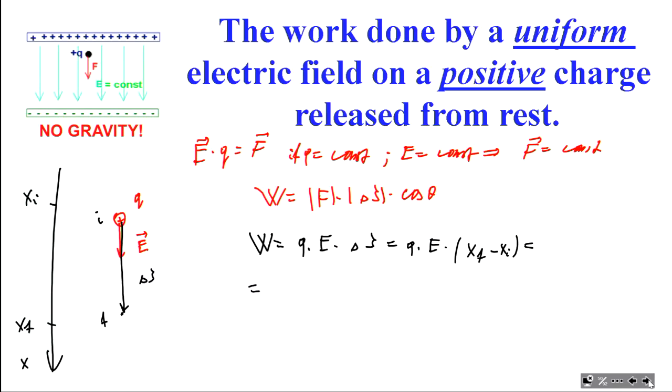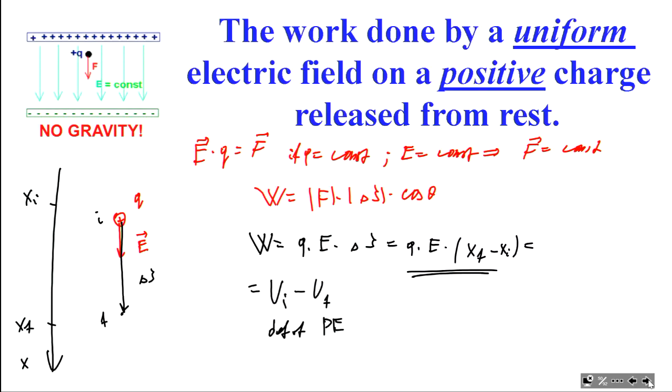But what we know, according to a definition of potential energy, is such a thing, the difference of which is equal to work. This is a definition of that physical quantity we call potential energy, and this is the actual expression for potential energy for the work.